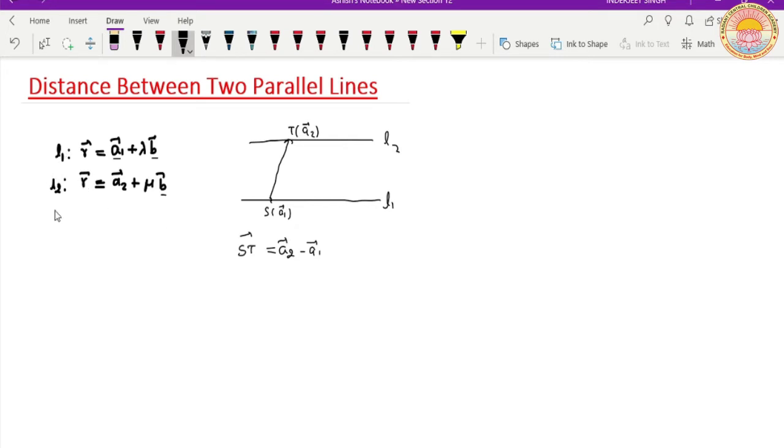And both these lines L1 and L2 are parallel to a vector B. Let's consider that this is the vector B to which L2 and L1 are parallel. Clear? Now let the angle between vector B and vector ST be theta.